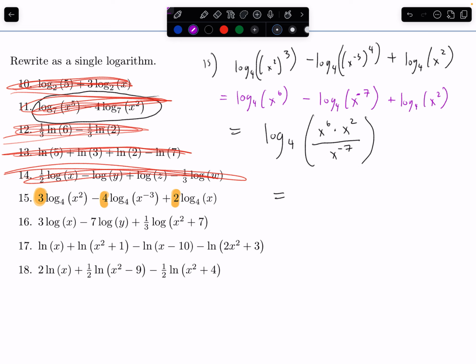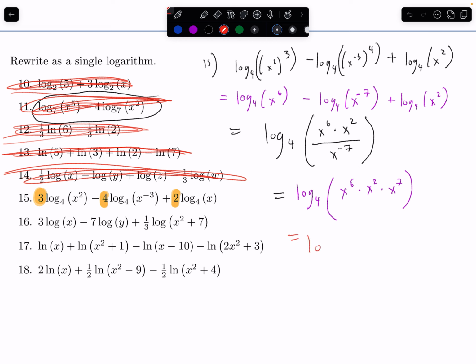But a negative exponent in a fraction just means you flip where it is and change the sign. So this is x to the 7th up top: log base 4 of x to the 6th times x squared times x to the 7th over 1, but the over 1 is not necessary.